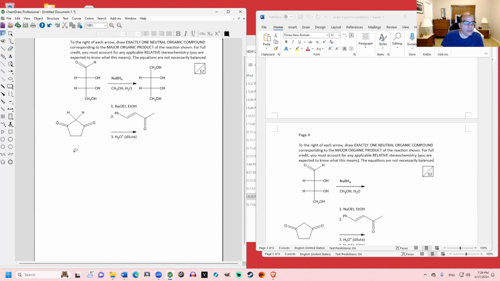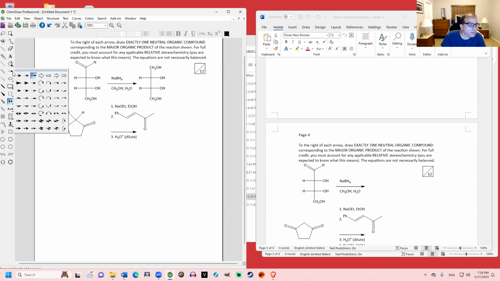We start by treating it with base, sodium ethoxide and ethanol. We get our ethoxide ion. And that's going to pull off the proton and put the minus charge on oxygen.